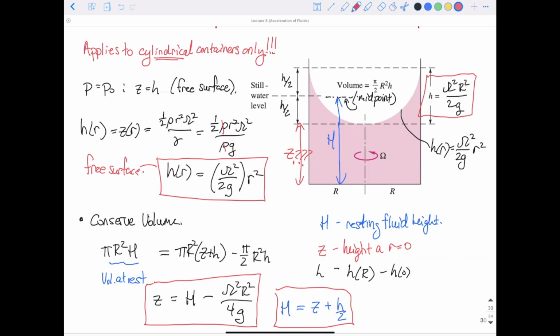So the distance z plus h over 2 is equal to h. We notice this term right here is actually equal to h over 2 if we compare it to this term up in this corner. It's just divided by 4 instead of divided by 2.